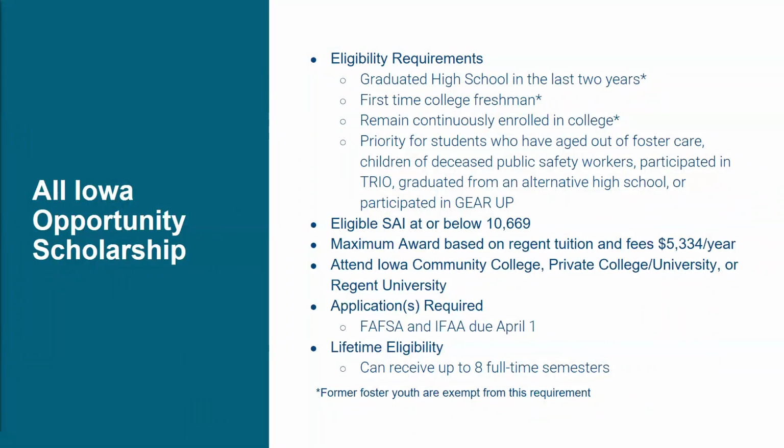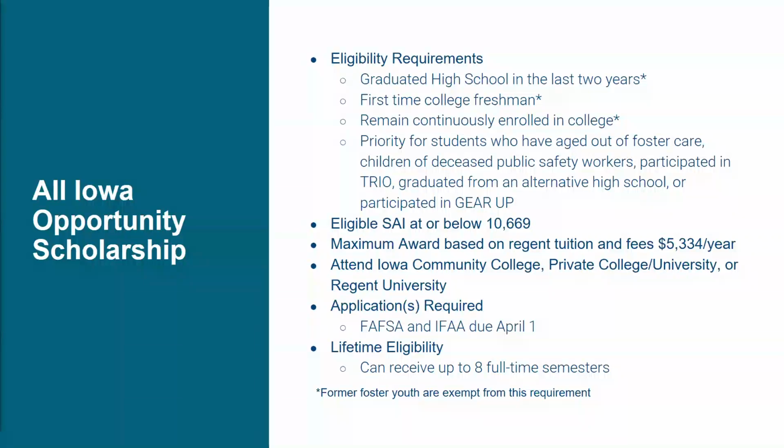But for the All Iowa Opportunity Scholarship, your SAI needs to be below 10,669. The maximum award per year for this scholarship is $5,334. That changes because it is based on the Regent tuition rate, so that typically goes up a little bit each year.